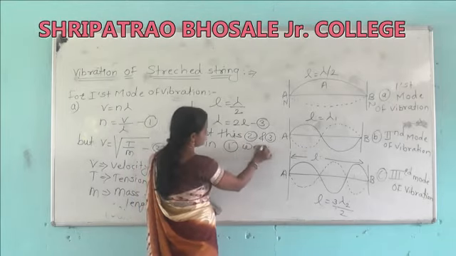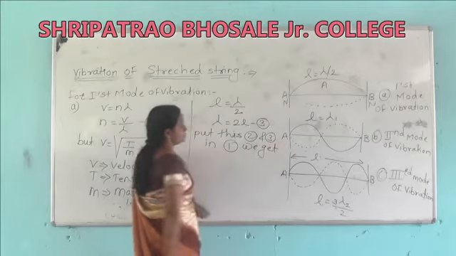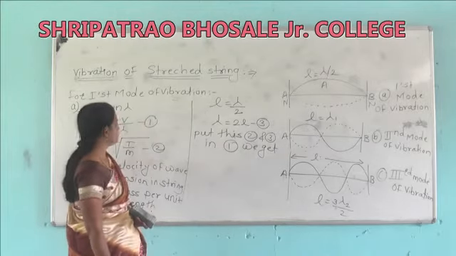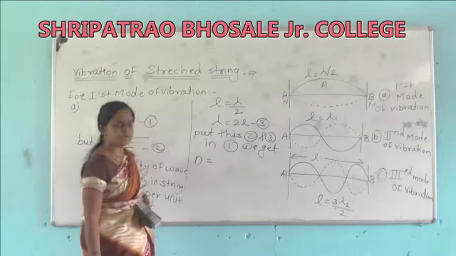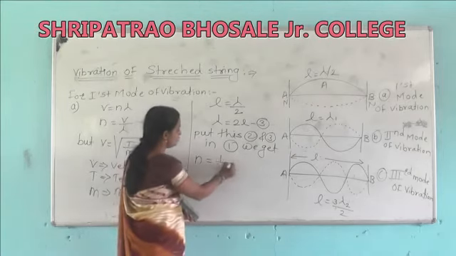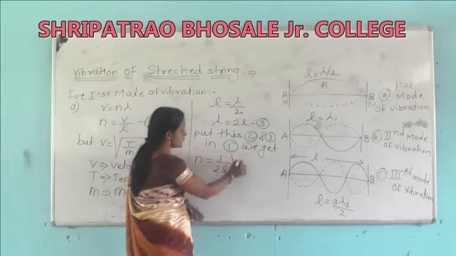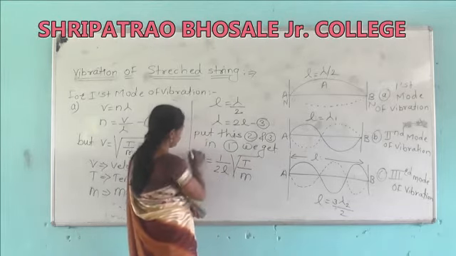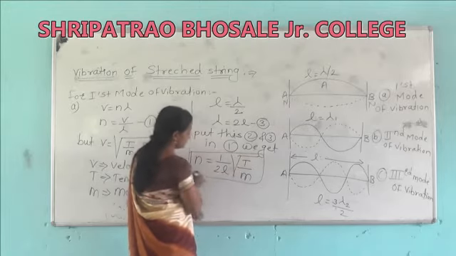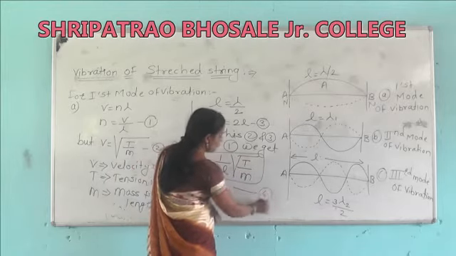We get here, by using 1, N is equal to 1 divided by 2L square root of T by M. Say this equation number 4.